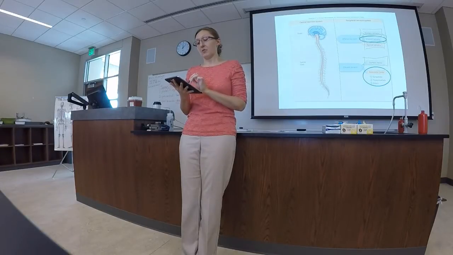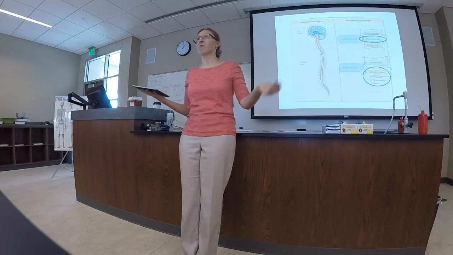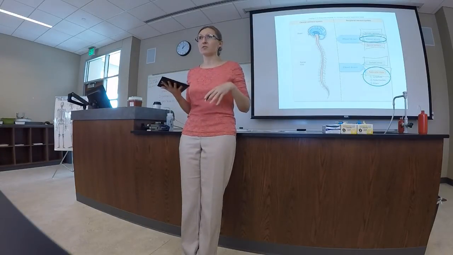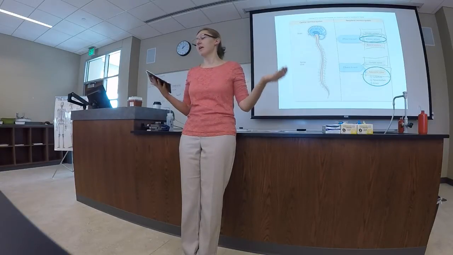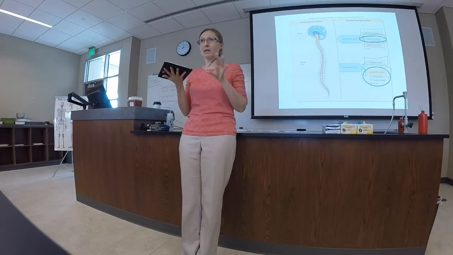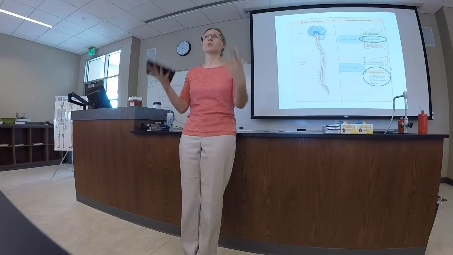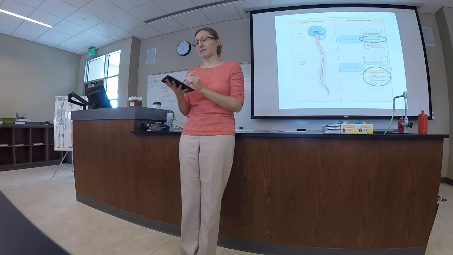Then we get to autonomic, and autonomic is predominantly a motor thing. It receives input from visceral sensory and special sensory and somatic sensory. All of those feed into the inputs to the autonomic nervous system. But the autonomic nervous system itself is a motor system. It's driving changes in your body, and this is involuntary.